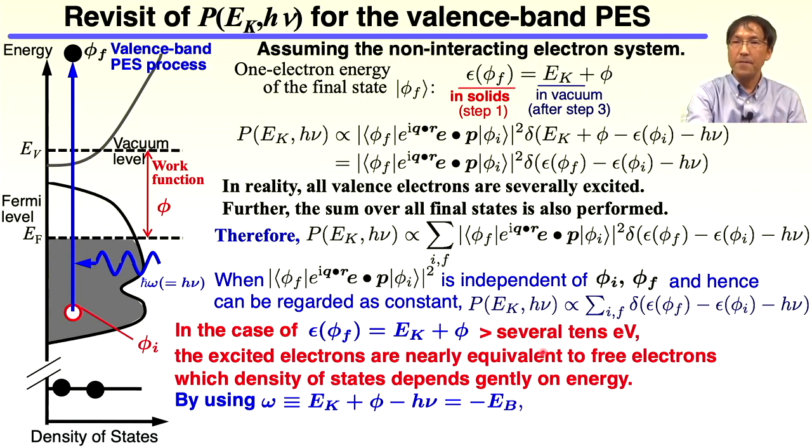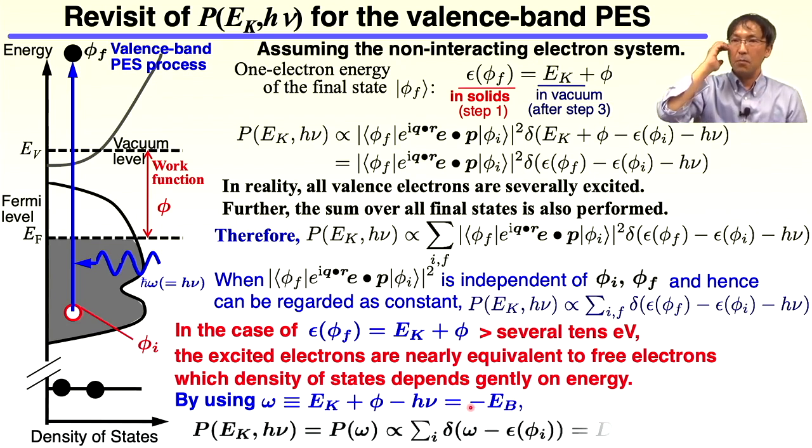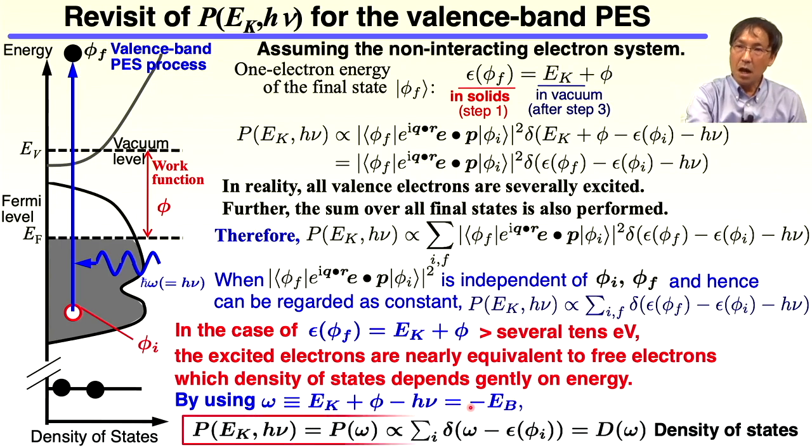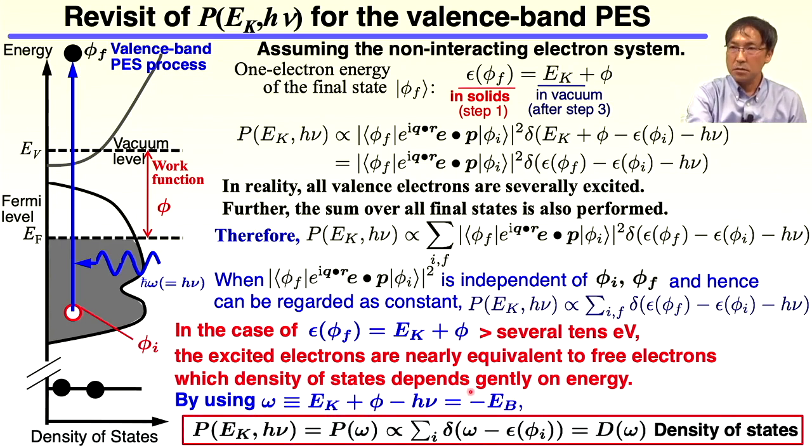When we define energy omega as Ek plus phi minus the photon energy, corresponding to minus Eb, the binding energy, the term P becomes proportional to this one, equivalent to the density of states. Namely, the obtained valence-band photoemission spectra are basically proportional to the density of states.